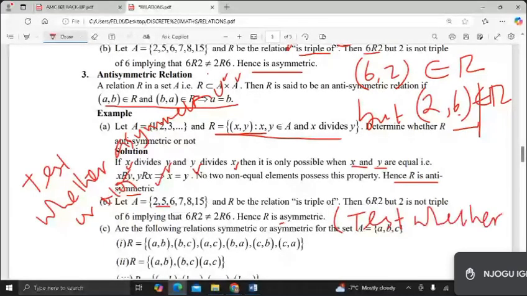It's more of a repetition of the same. But again, now, you see, we've talked about antisymmetric. Now, this is the exercise. Test whether it is asymmetric or not.